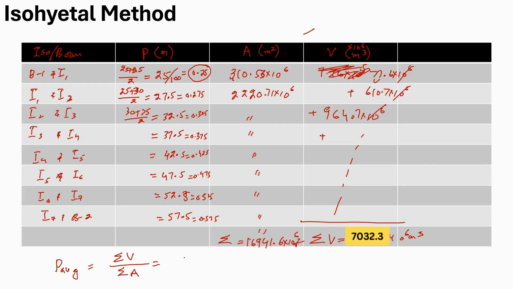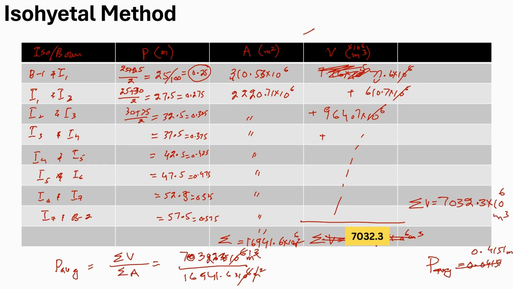We'll put the summation of volume here: 703.23 cross 10 raised to power 6 meter cube divided by 16941.6 cross 10 raised to power 6 meter square. So this 10 raised to power 6 will cancel with this one. We will have meter.